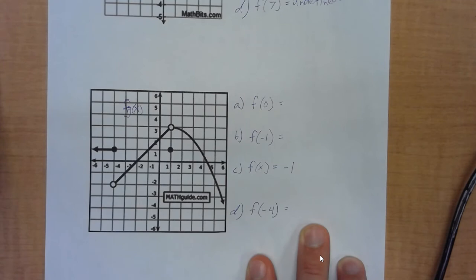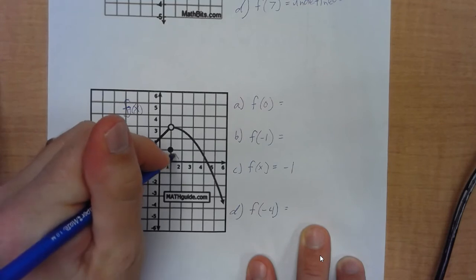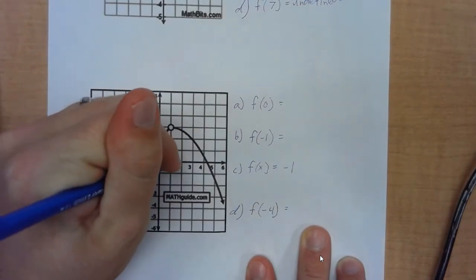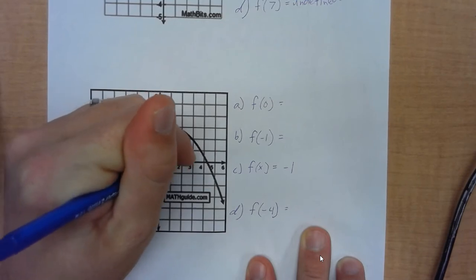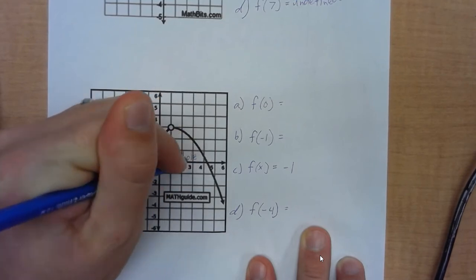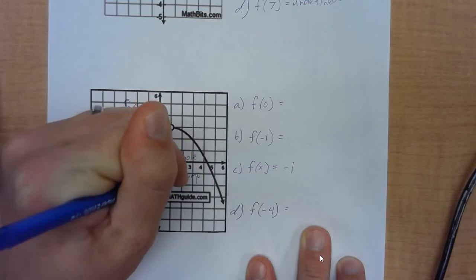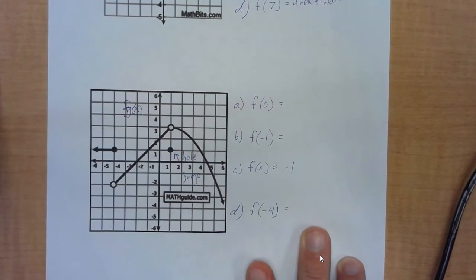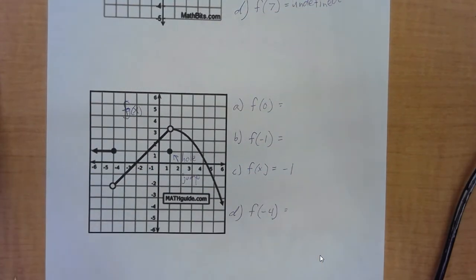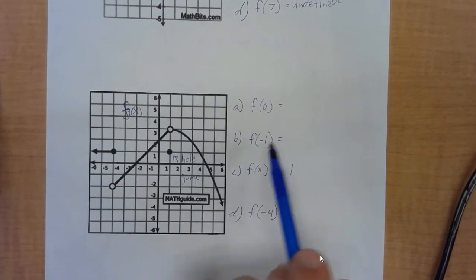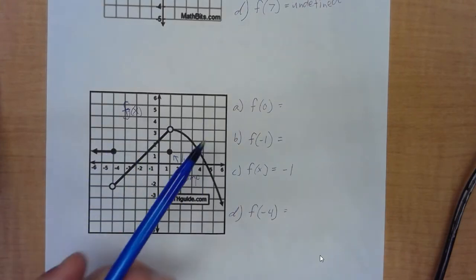So what this one is called here is actually a hole or a jump. So when you have a certain point that just happens to be, looks sort of randomly located, we'll call that a jump. So let's see how that affects our answers as we work through this.